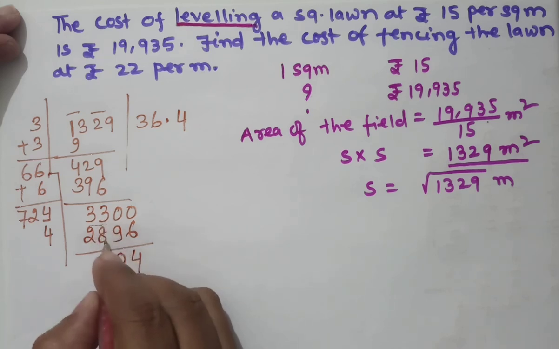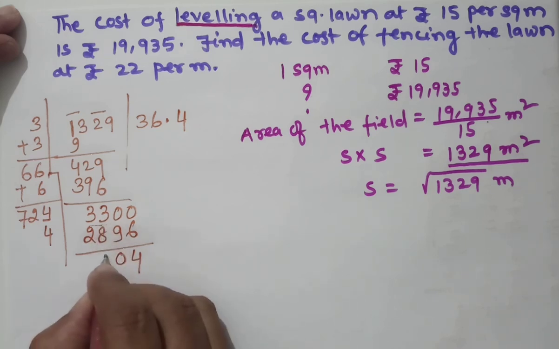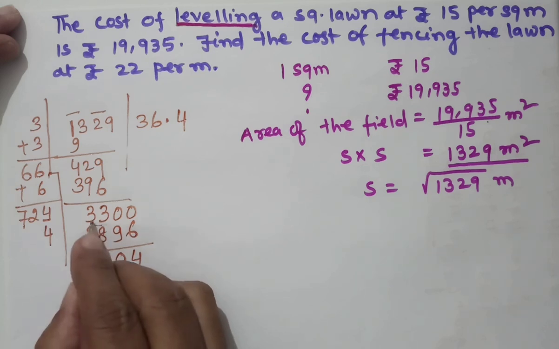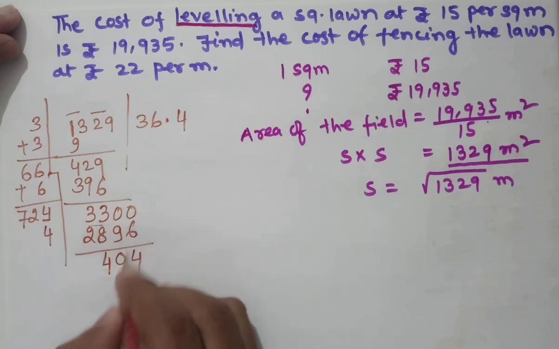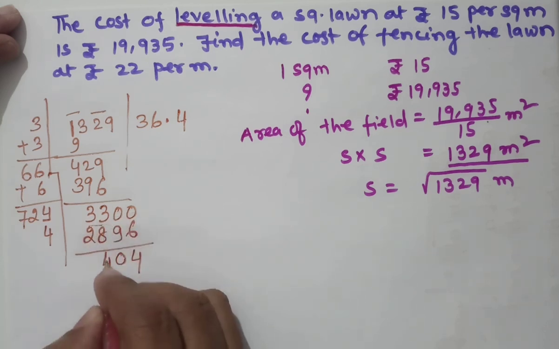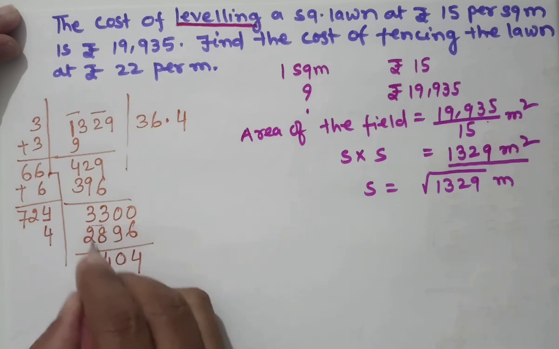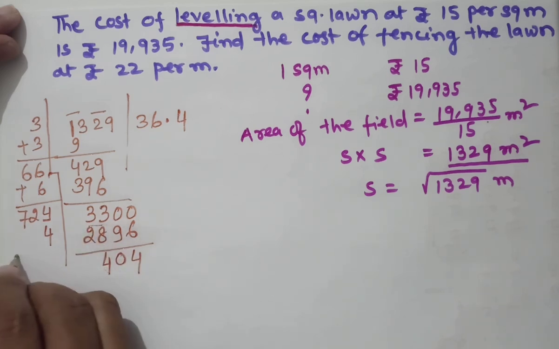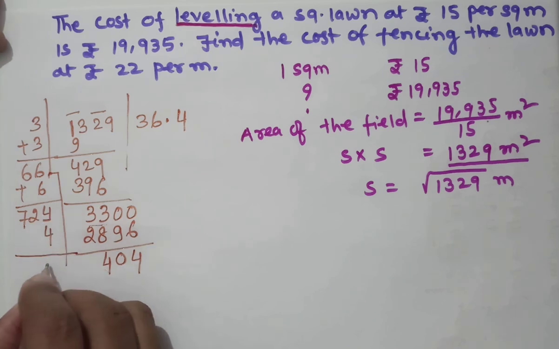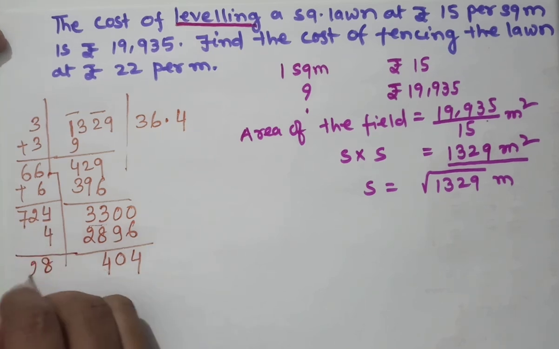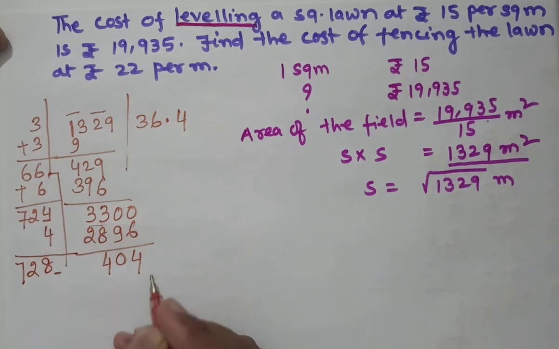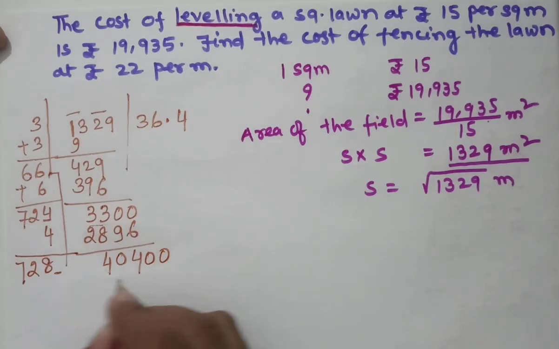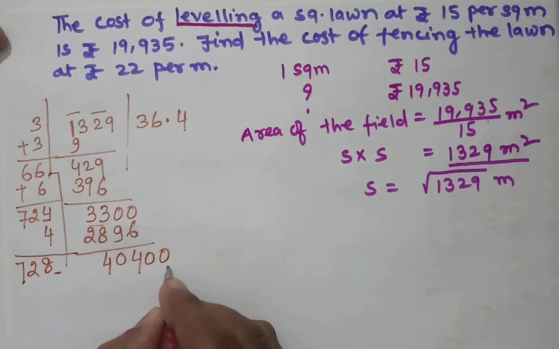Here 12 minus 8 is 4, and 2 minus 2 will be 0. So 4 plus 4 will be 8, 2, 7, and one place is vacant here. Again bring down 2 zeros. So we have 4 0 4 0 0.